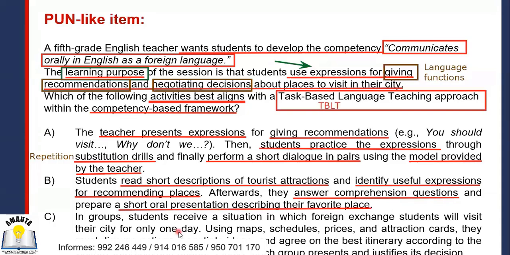But one more time, remember the teacher's purpose. The teacher wants to develop the first competency, which is regarding the speaking skill.